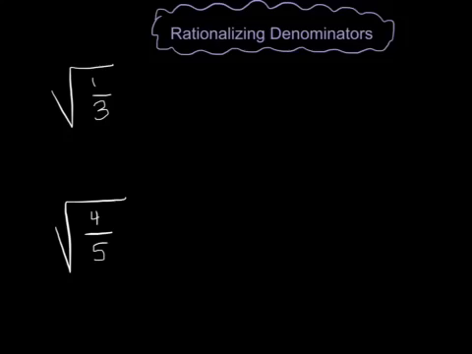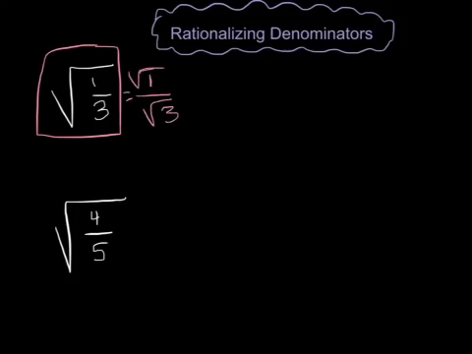So for example, if we have radical 1 over 3, we can think of this as radical 1 over radical 3, and remembering that the square root of x times the square root of x equals x, we can multiply this entire fraction by radical 3 over radical 3.